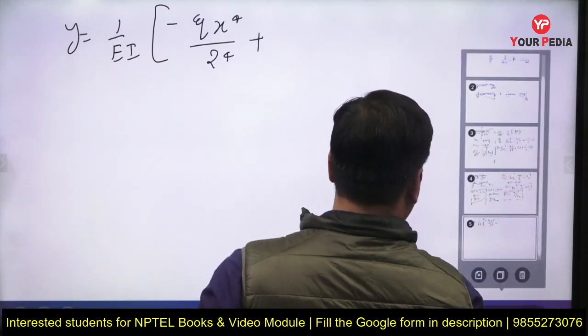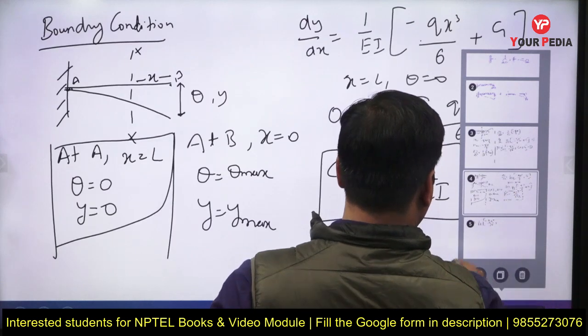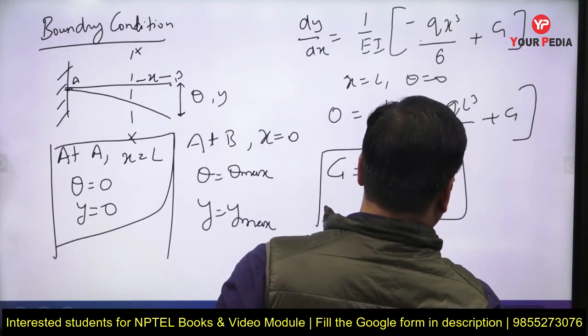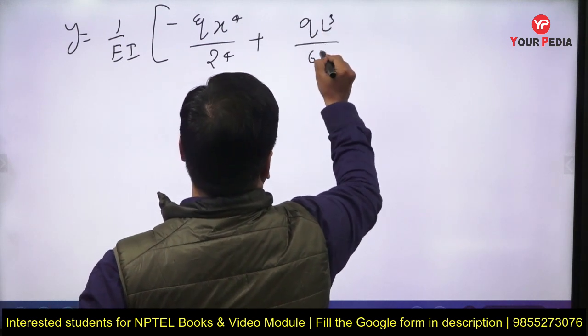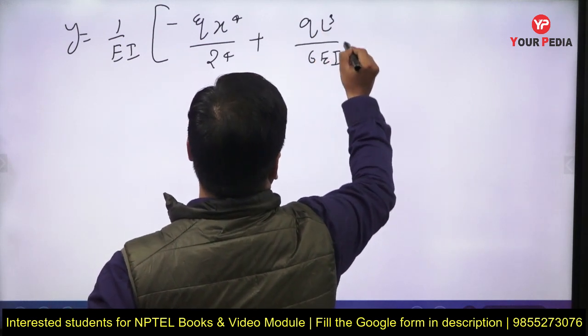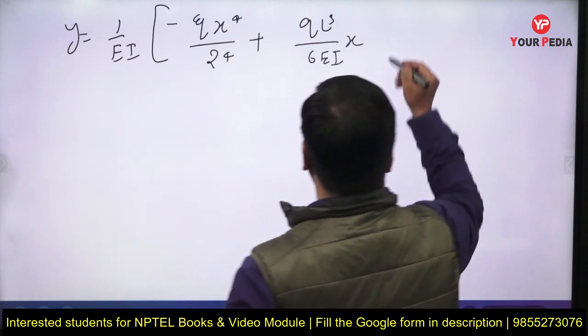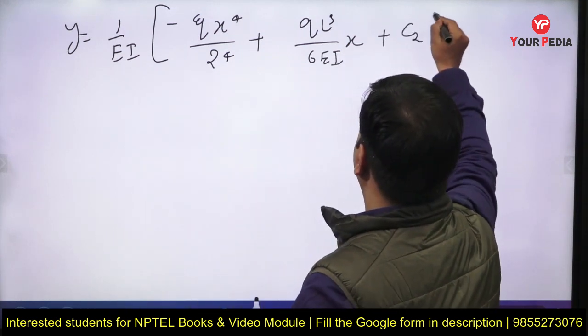C1 comes to be q L cube by 6 EI, so q L cube upon 6 EI into x plus c2.